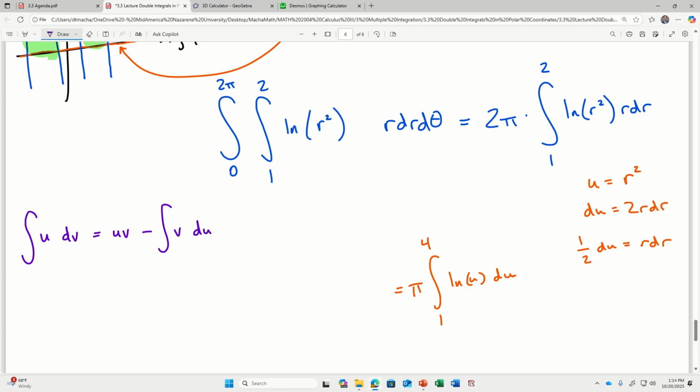This is how I remember the integration by parts formula. And now keep in mind that the u in the integration by parts formula is not the same as the u variable here. In fact, I'm gonna erase this so I don't confuse myself, because these are different strategies. I'm gonna call this x.